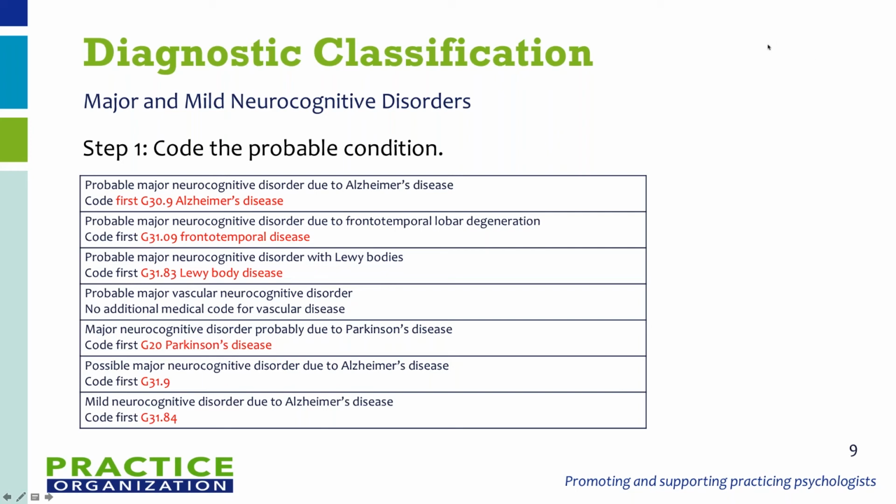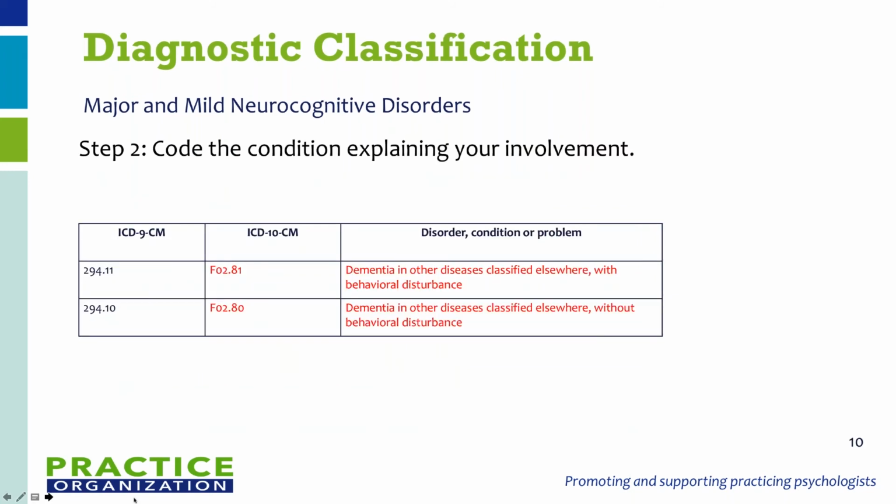In this step 2, this is basically your involvement. So what you might have is not necessarily what you were sent for. For example, you were sent for maybe Lewy body, but it turns out that you have dementia and other diseases classified elsewhere without behavioral disturbance, F02.81 and F02.80. Now, keep in mind that the last slide was actually a set of G codes.